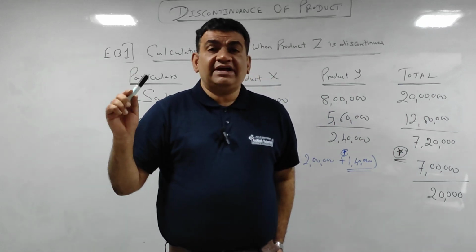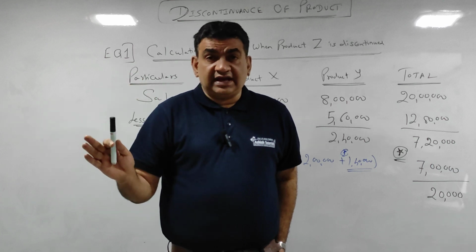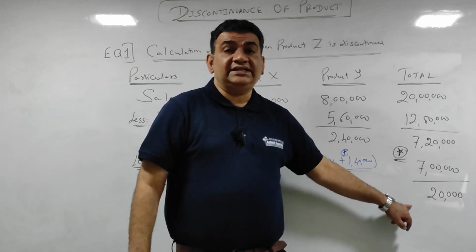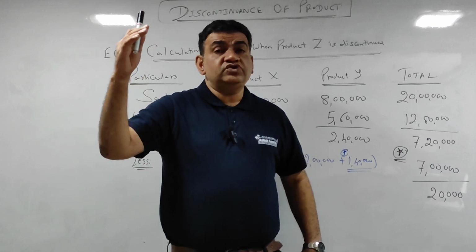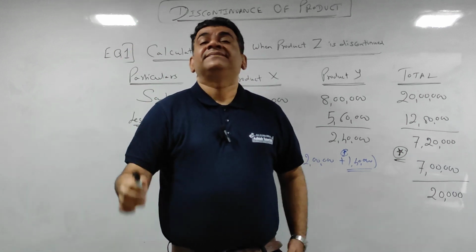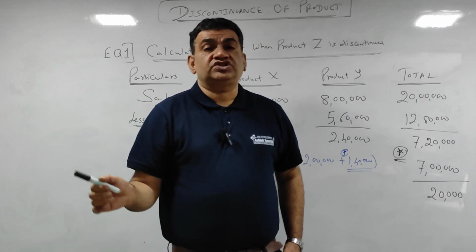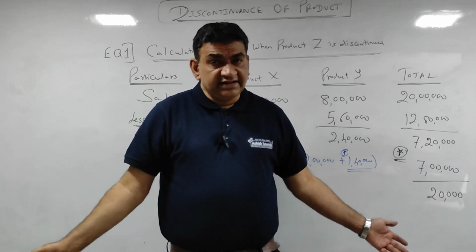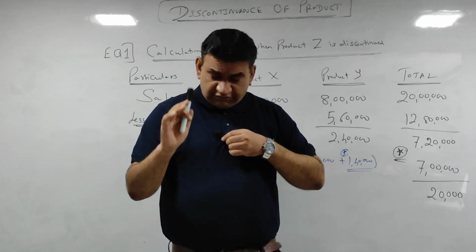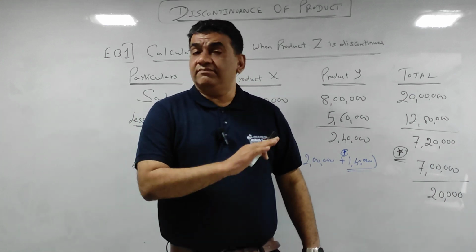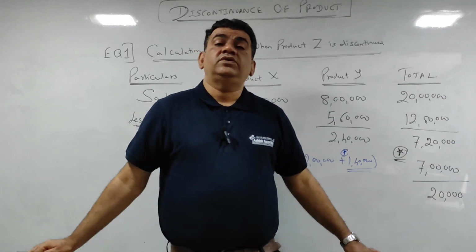So the profit of 1,20,000 in the question will reduce to 20,000 if I close Z. That means reduced by 1 lakh, and the only reason for that is contribution lost because of discontinuance of product Z. Therefore, the final conclusion is do not close product Z, let it continue.